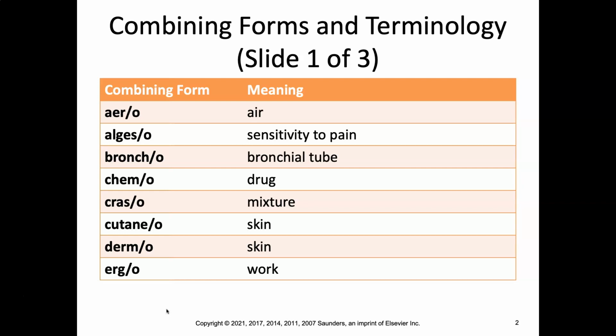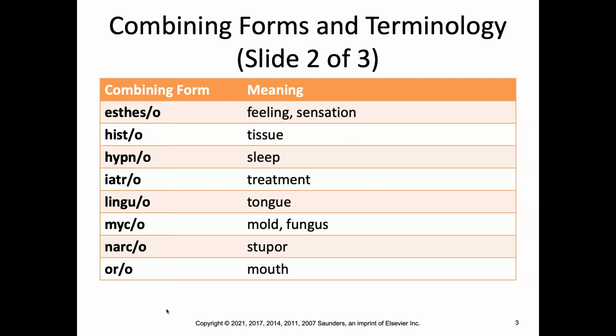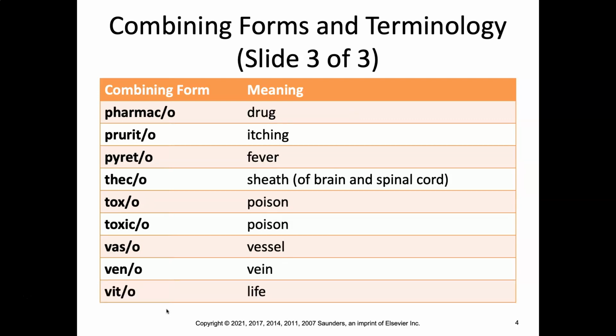So you'll see we're starting off with some combining forms and what their meanings are. We have arterio, algo, broncho, chemo, cuto, cutaneo, dermo, ergo, esthesio or estheso, histo, hypno, iatro, linguo, myco, narco, oro, pharmaco, prurito, watch out for those two R's there, pyreto, theco, toxo, toxico.